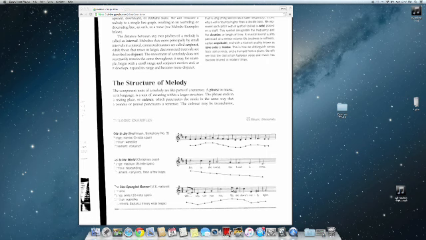Now in this case, we only have two stepwise progressions, these three notes and these three notes, but the rest are pretty wide leaps comparatively. And so in general, although we could have a vigorous debate about it, shall we say, this would be a good example of a disjunct melody.